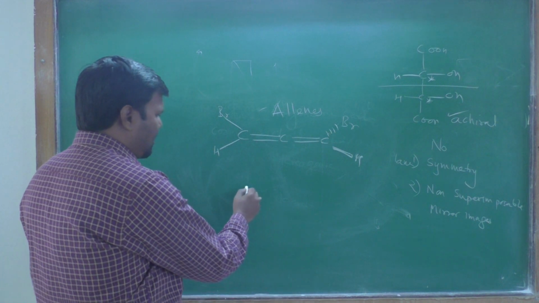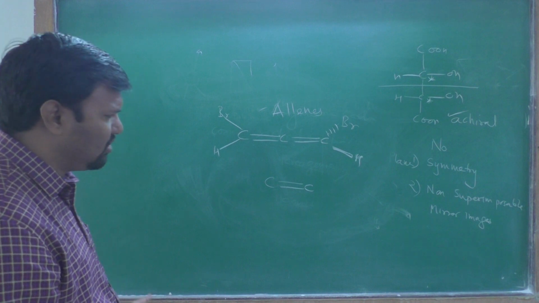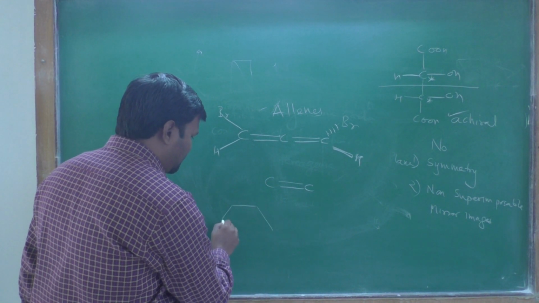Then there are geometric isomers, C double bond C, which also show chirality. The biphenyl rings are another example.